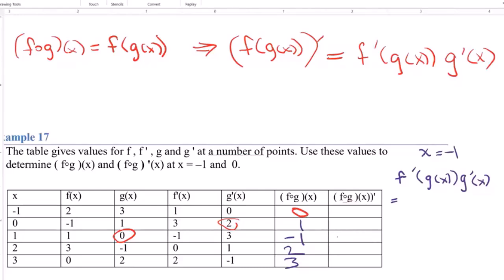So first thing I do is I say this is f prime of g of -1 times g prime of -1. So this is equal to the derivative at g of -1. Well, at -1, g of x is equal to 3.